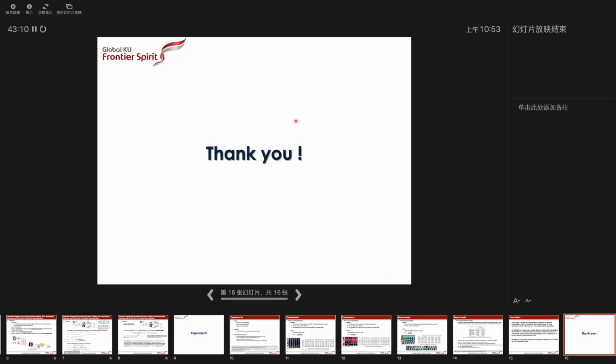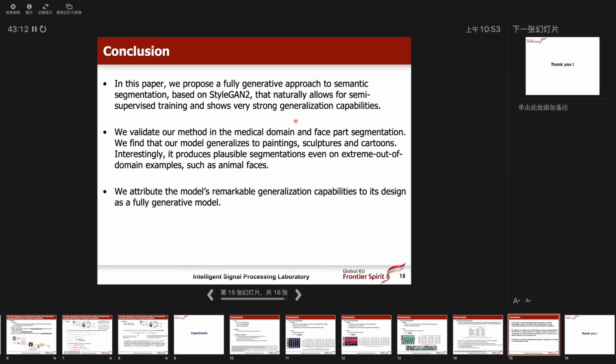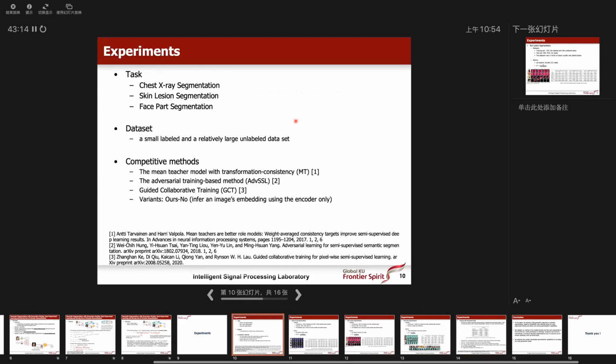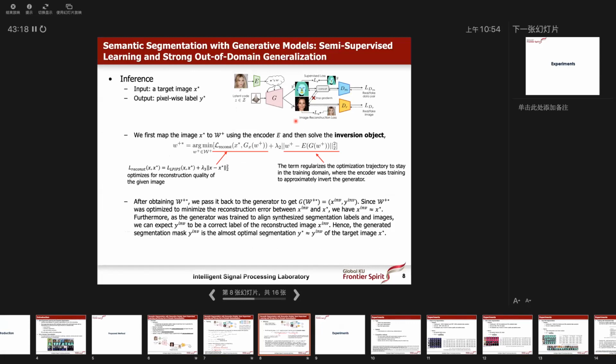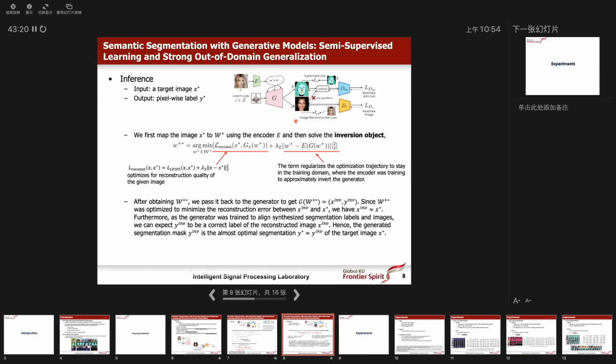Can we go back to slide 8? Okay, now I understand the two branches shown in that picture.